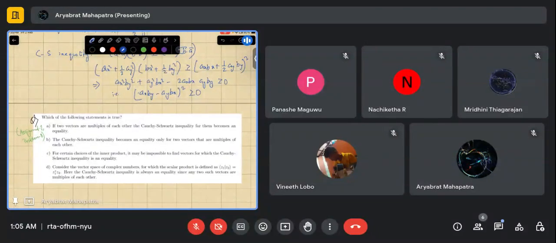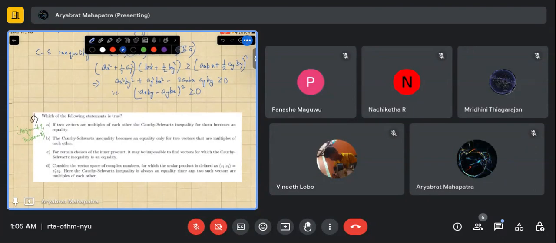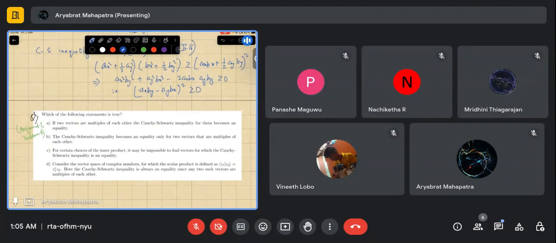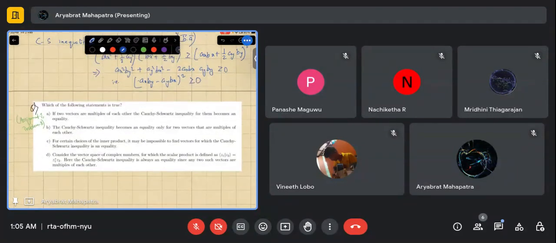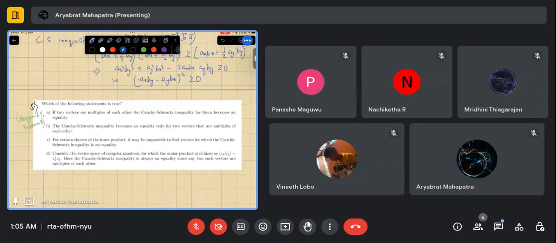So to show that, let's say I have two vectors Z1 and Z2, which are multiples of each other.